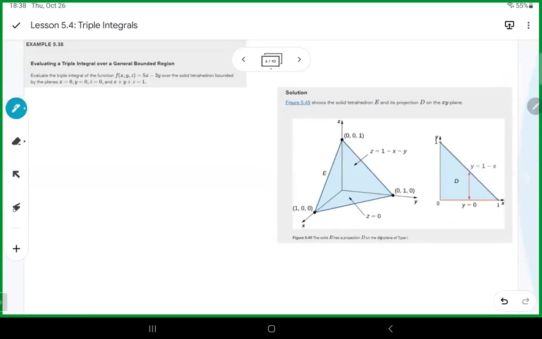So what you know is E is (x, y, z) now, and x is from 0 to 1, y is from 0 to 1 minus x, sorry. And then z is from 0 to 1 minus x minus y.